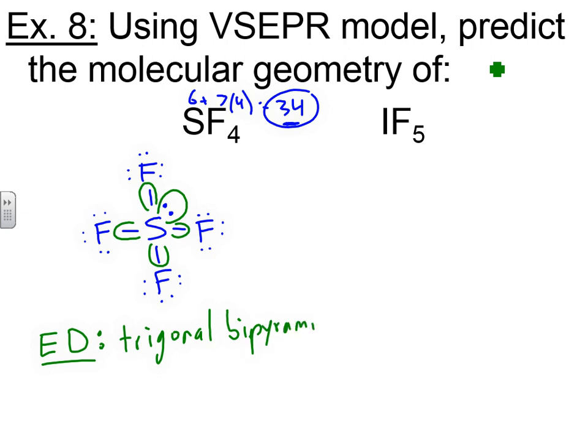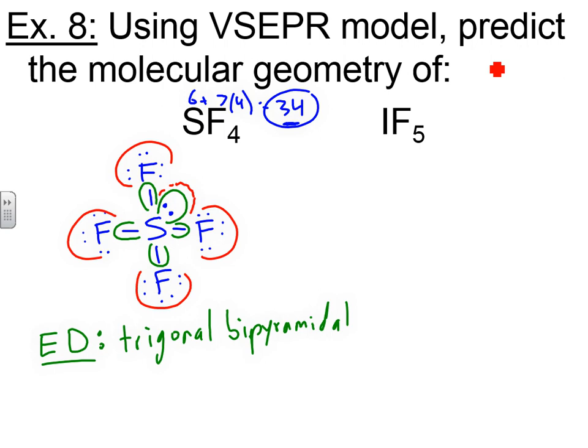Okay, now 4 of these are bonding, 1 is non-bonding. So these 4 now have atoms, but this last one actually influences them. This one pushes the rest of them away. Now you probably have to go back to check what this looks like, but it will look like seesaw.